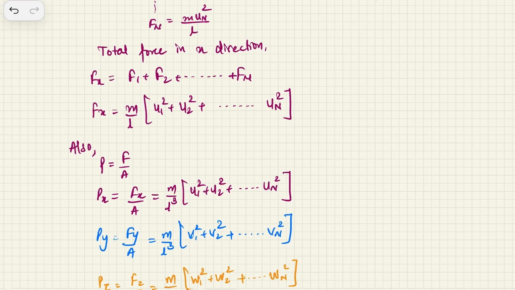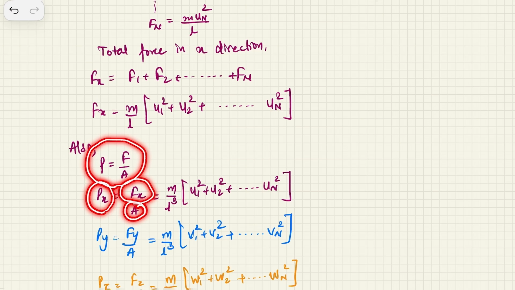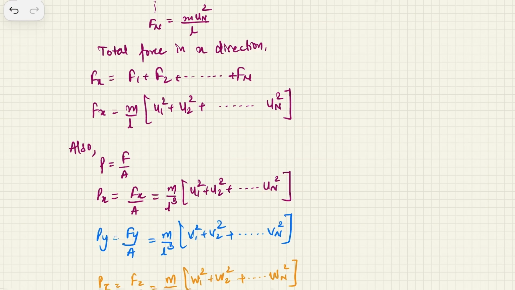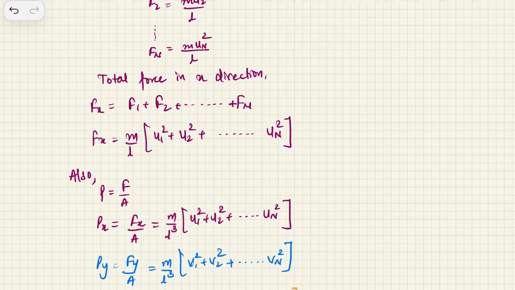Now also pressure is equal to force upon area. So right now we are coming to the last and final steps. So pressure is force upon area. Now pressure on the wall X is equal to force on X upon the area of X. Now just observe this. I have just clubbed few steps as the derivation is pretty long, and I can just club a few steps.